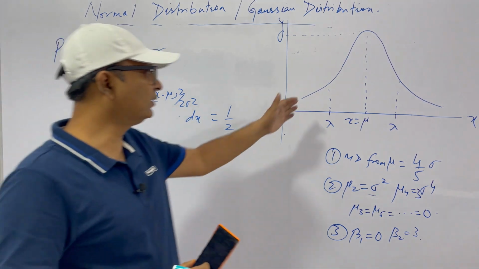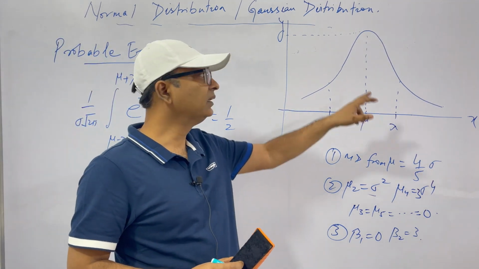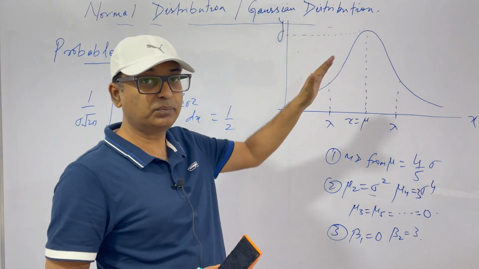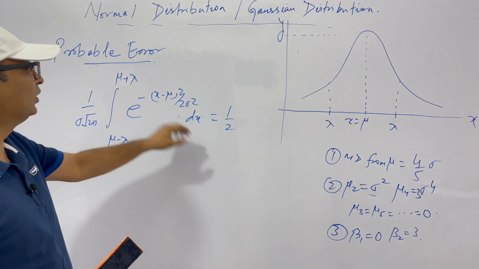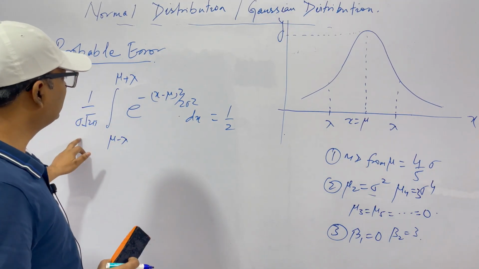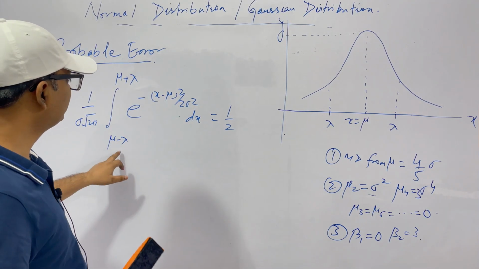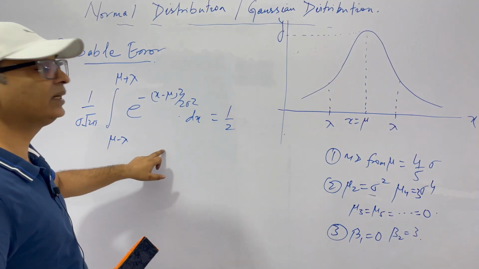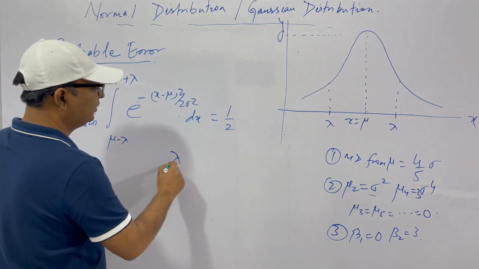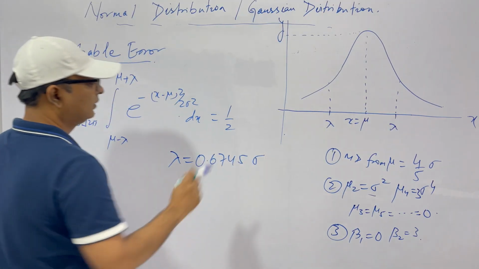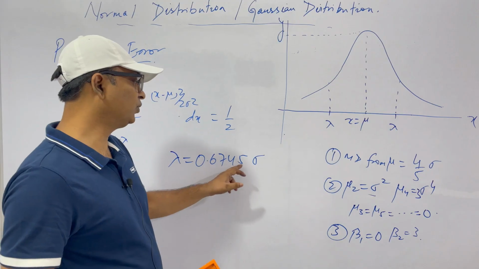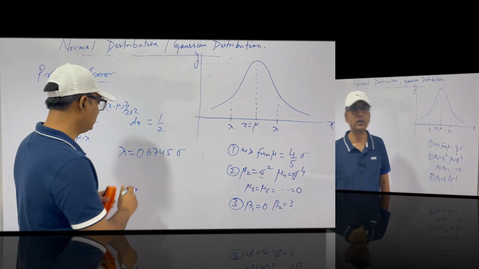Total, if you integrate it from minus infinity to infinity, this will be 1, because this is the probability function. Therefore half of it is this. So if you equate this out, we will get the value of lambda. Putting in the values, the value you get is 0.6745 of the standard deviation.